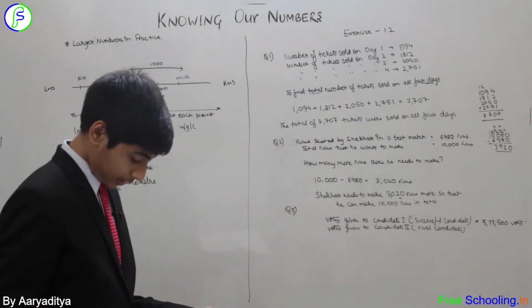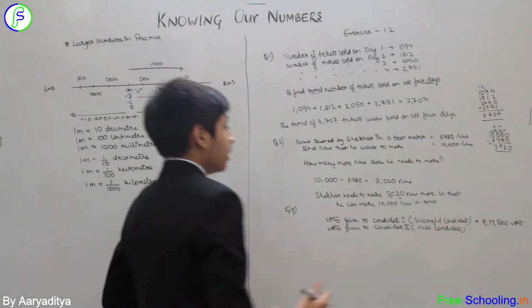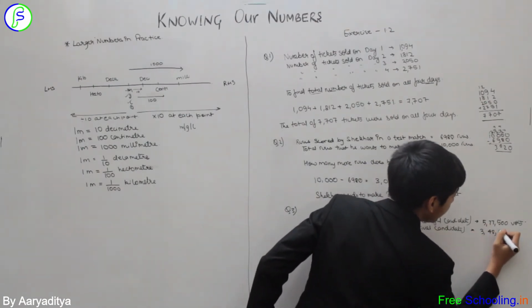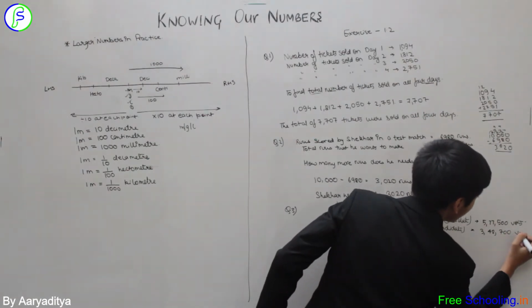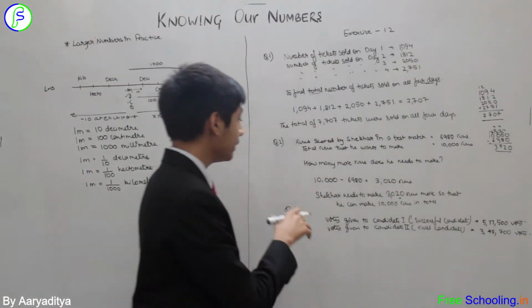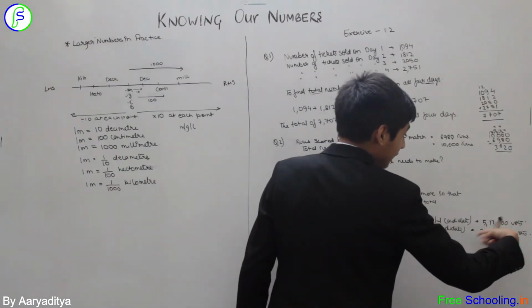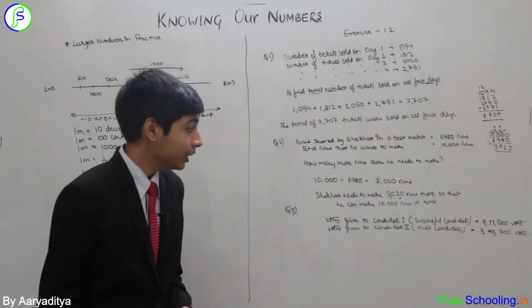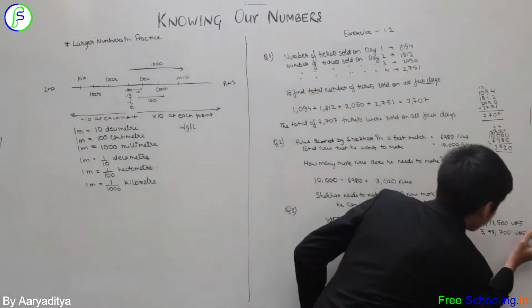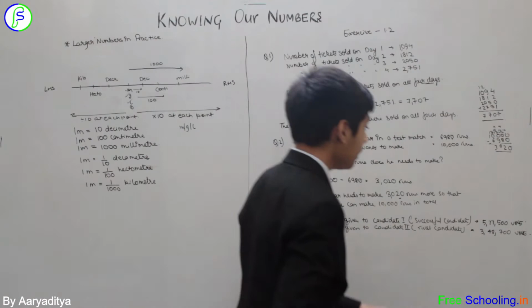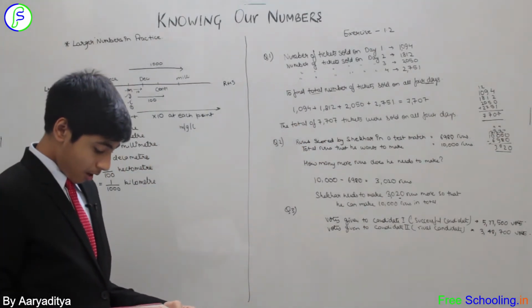How much? 348,700 votes. Okay, so these two candidates attained these number of votes individually. So okay, let me do a correction out here. Okay, we are done.